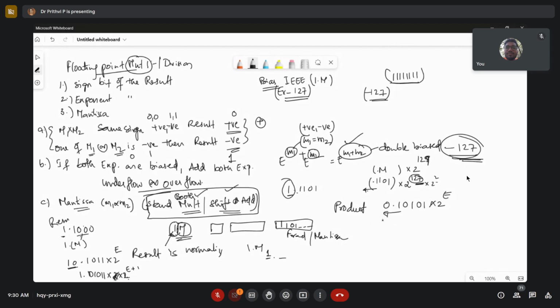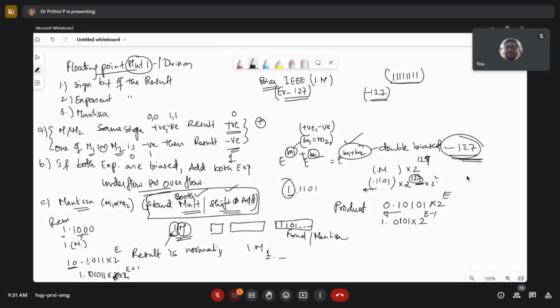Left shift means 1.0101 will be your left shifted value. Now what will be your exponent? Decremented or incremented? Minus 1, decrement. You have shifted now, so this is an adjustment that is needed.